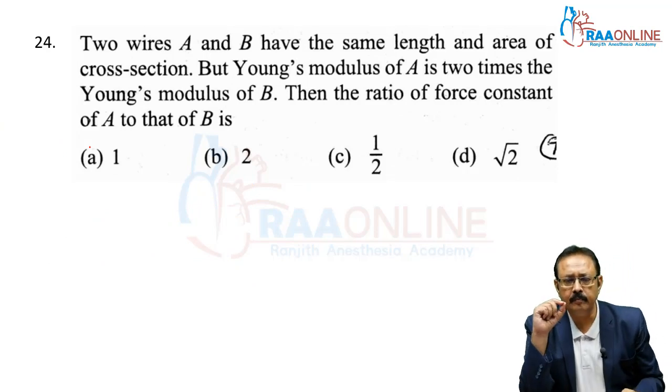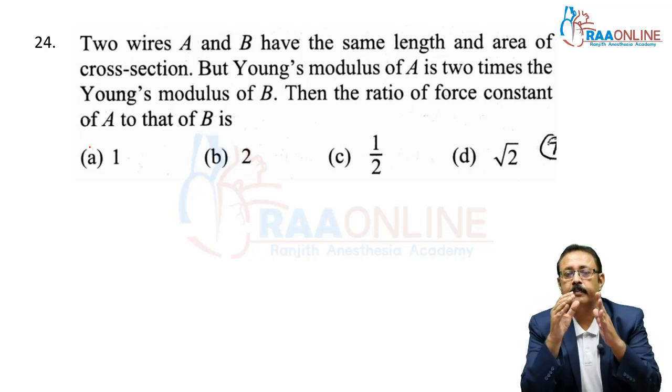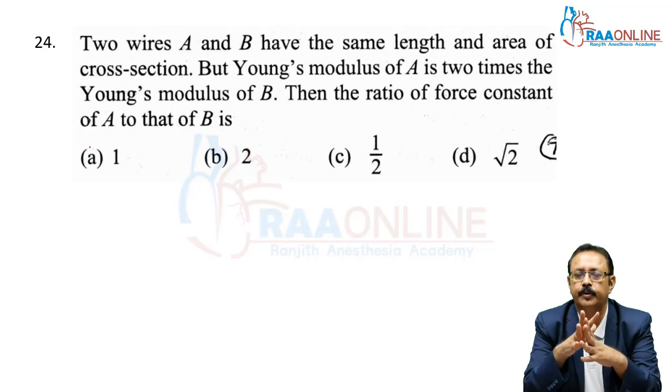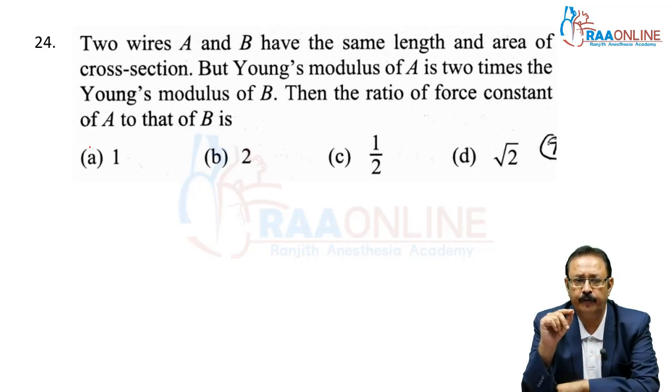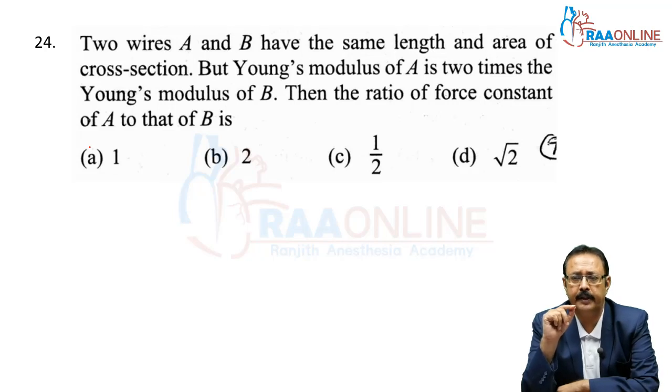Next, two wires A and B have the same length and area of cross section, but Young's modulus of A is 2 times the Young's modulus of B, means different material we are using. Then the ratio of force constant of A to that of B is? What is force constant?